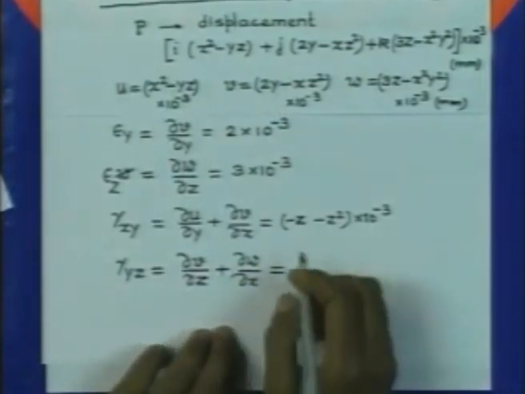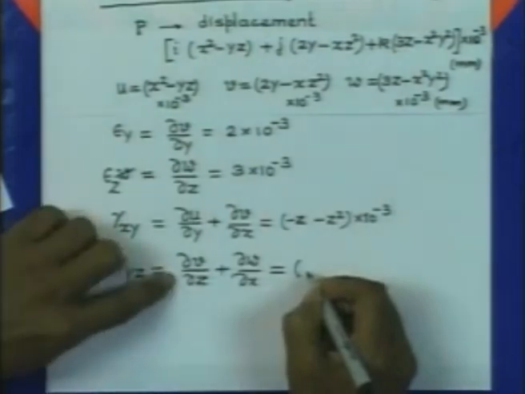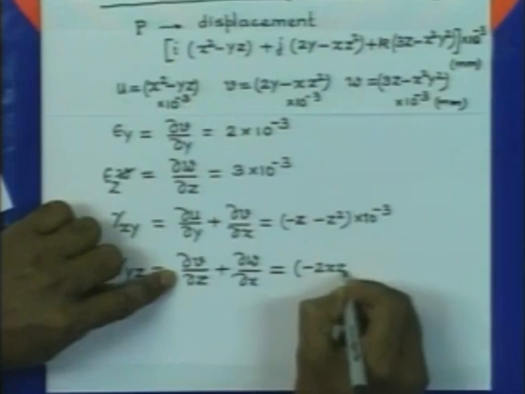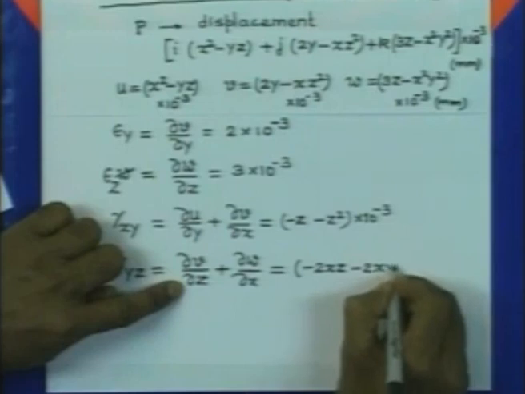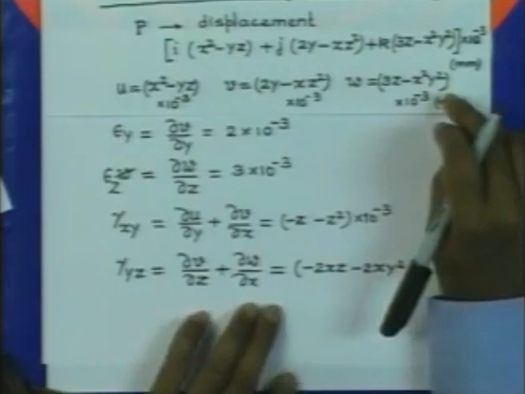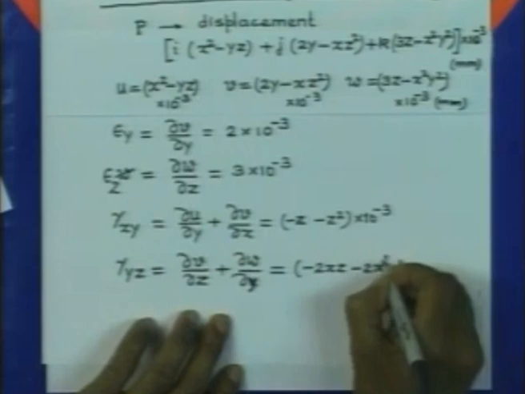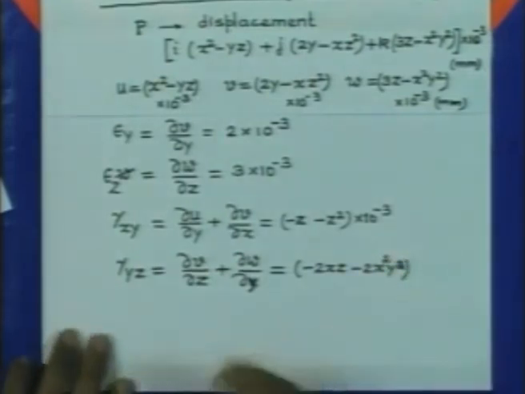So this is going to be given by minus 2 xz minus 2 xy square. This should be delta w delta y, so it should be 2 x square y.